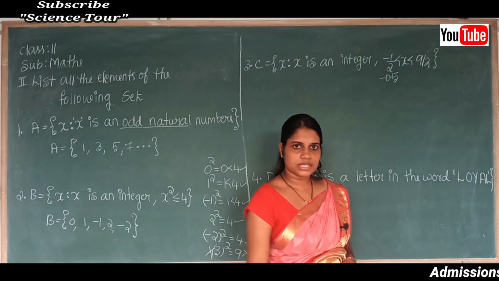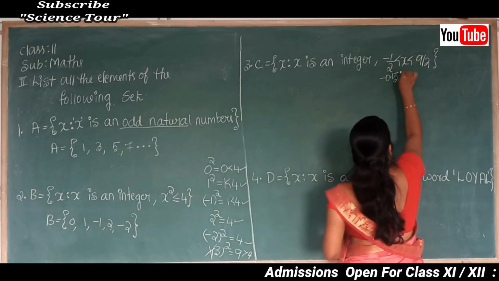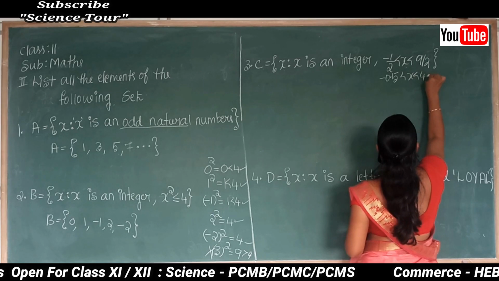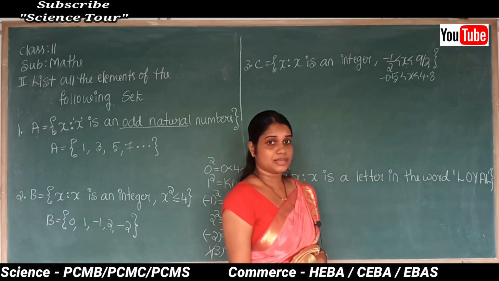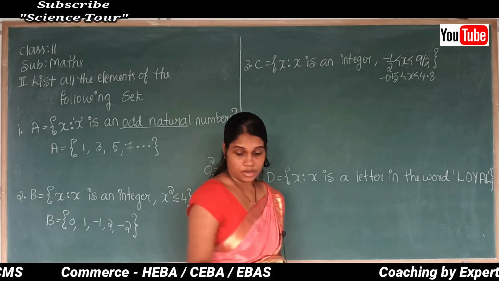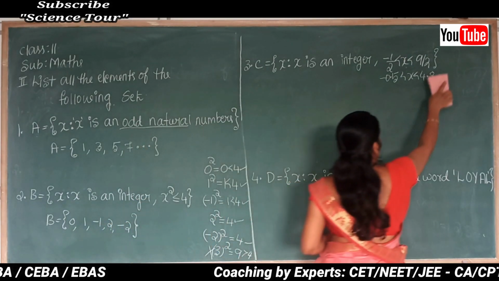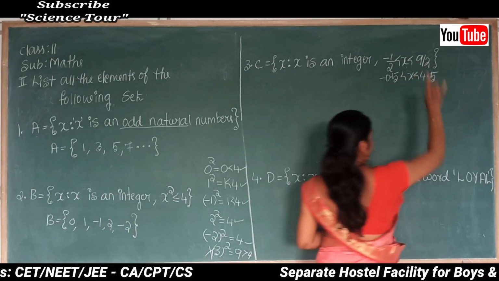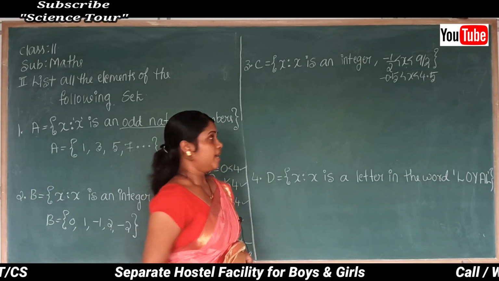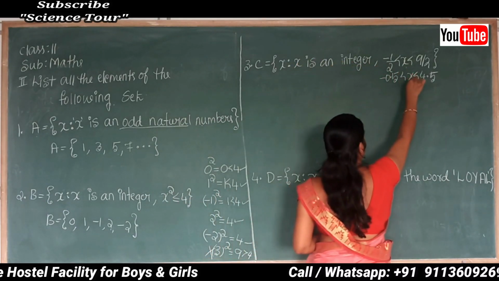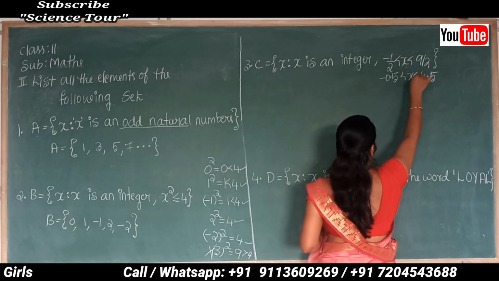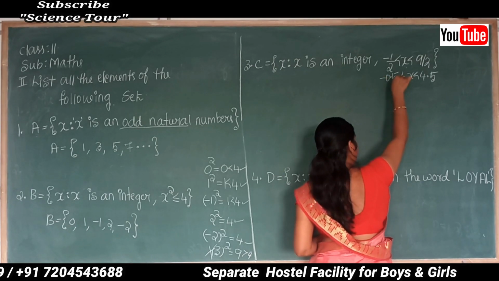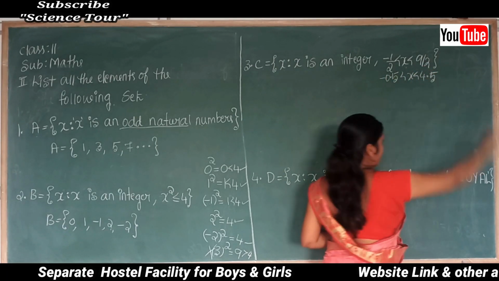And 9 by 2 in decimal form is 4.5, right? So now, according to this question, you have to choose an integer that is greater than minus 0.5 and less than 4.5.